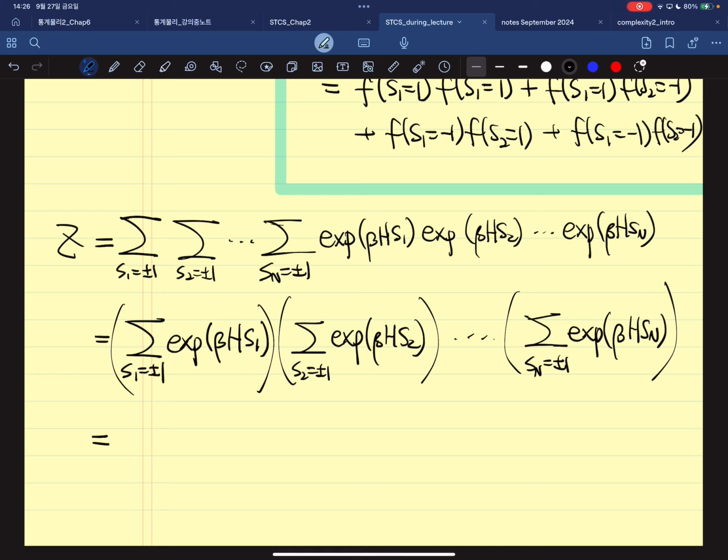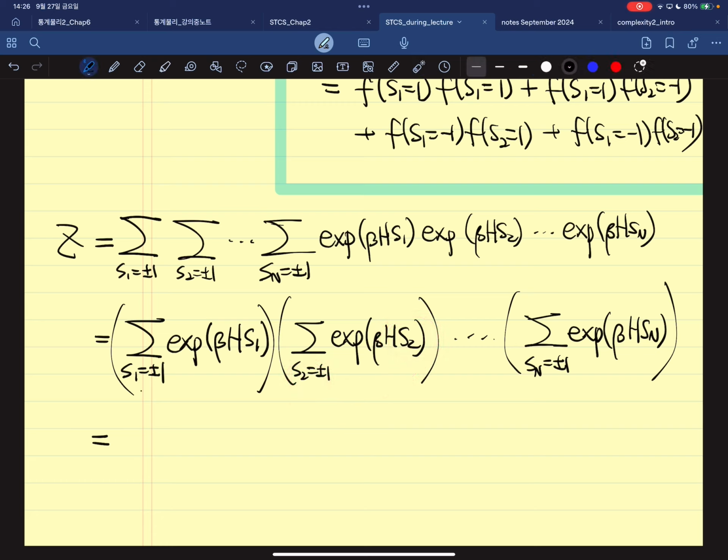Then the first thing you have to realize is that for each of these n factors, this S1 or S2 or Si in general are just summation dummy variables, what we call in mathematical physics, just the summation index.